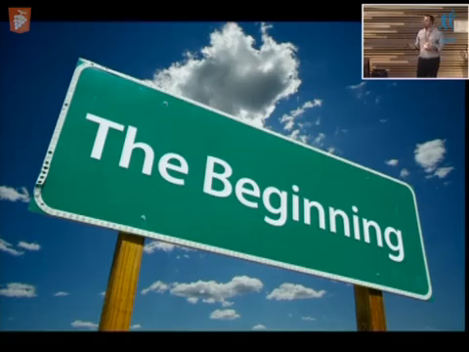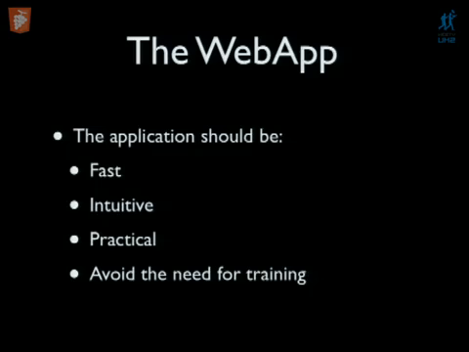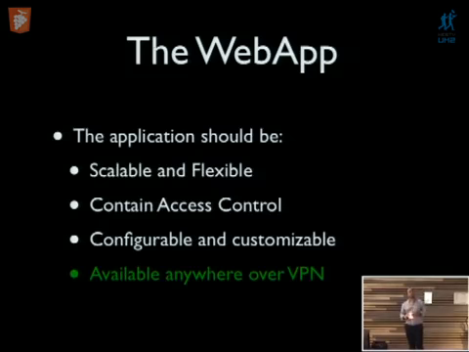Okay, so I decided to make the application. They hired me to make the application to automate everything. First things first, the application should be fast, intuitive, practical. This is basic. Avoid the need for training. This is very important because every guy wants support, and they don't have to teach everyone how to use the application. It should be very intuitive, scalable, flexible, and contain access control.